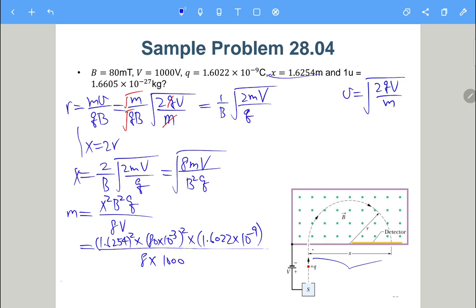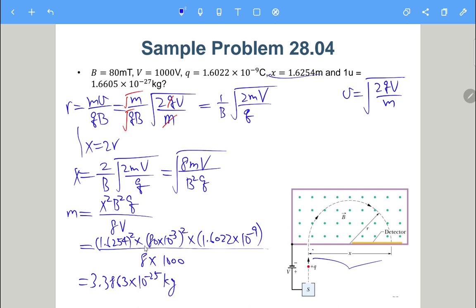Okay, so this is 3.3863 times 10 to the minus 25 kilogram.